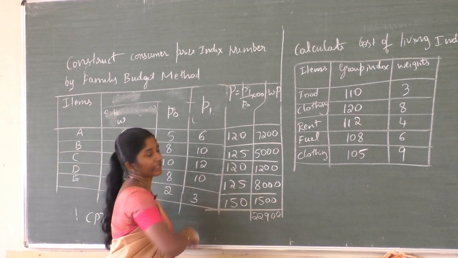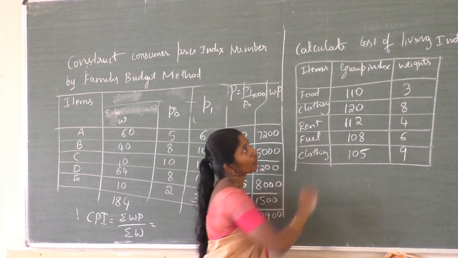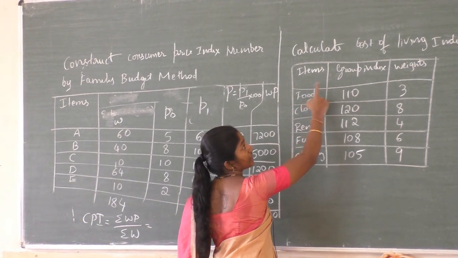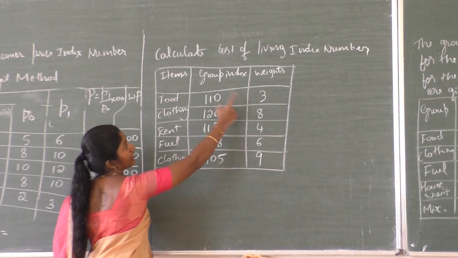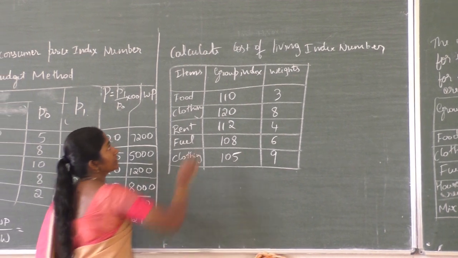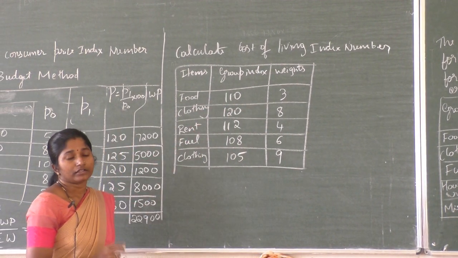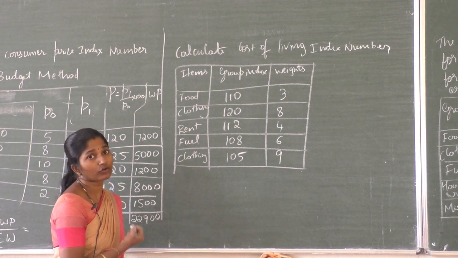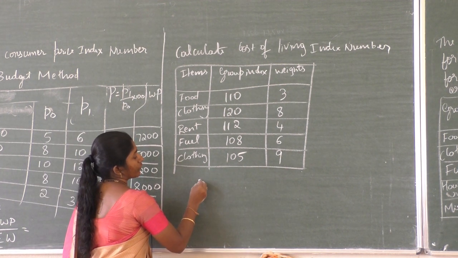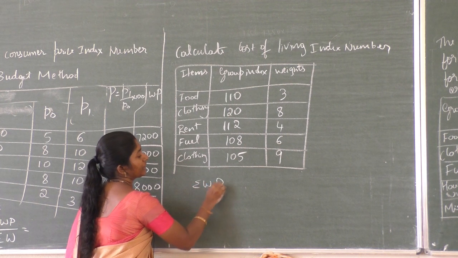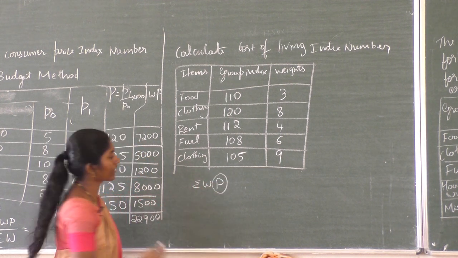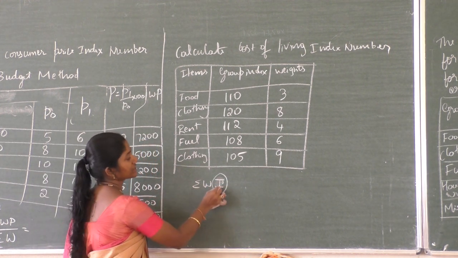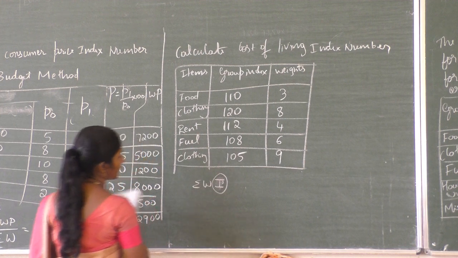We'll go for the next problem, that is calculate the cost of living index number. Item is given, group index is given, and weight is given. See, in the last class I gave a note. In the note, instead of P in summation WP, we can take I, that is the group index.